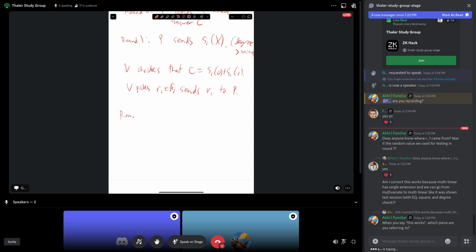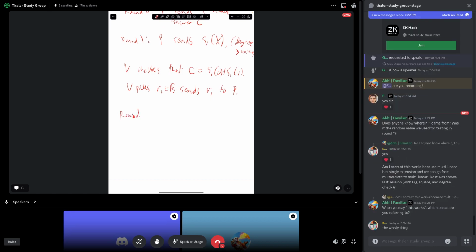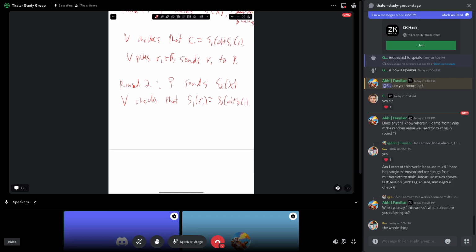Round 2, the prover sends S_2 of X. Again, it's degree 3. The verifier does its consistency check. S_1 of r_1 equals S_2 of 0 plus S_2 of 1. The verifier picks an r_2 at random from the field, sends it to the prover.